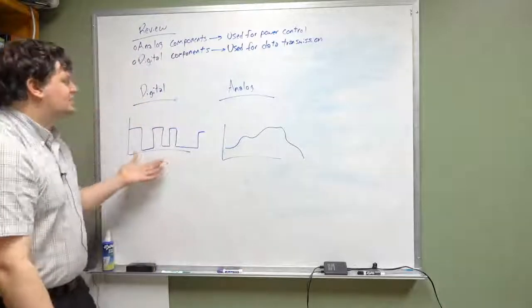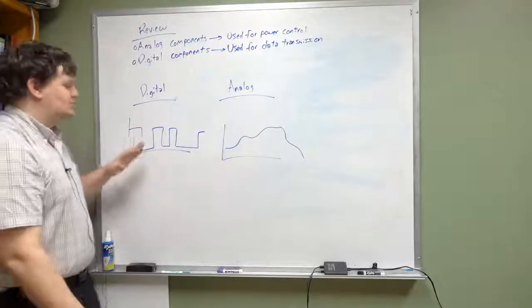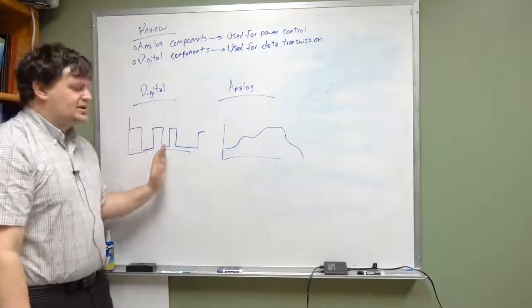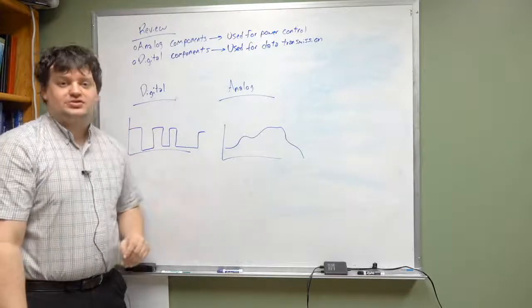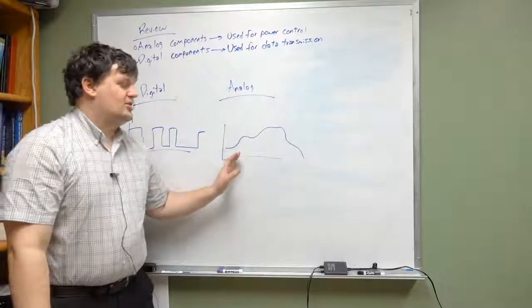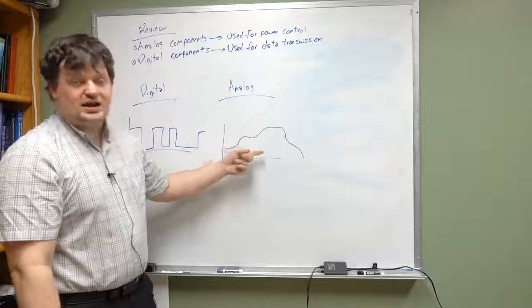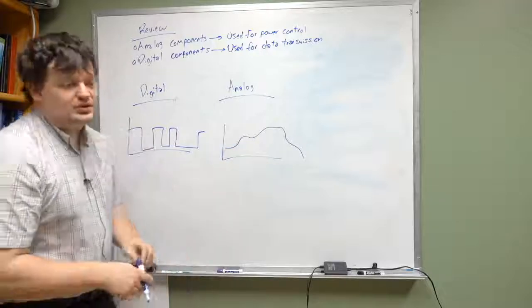A digital signal transfers information by sequentially recognizing whether or not a gate is turned on or off. In an analog system, it transfers power based on an actual power value.